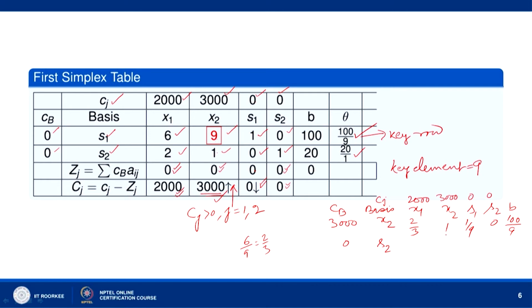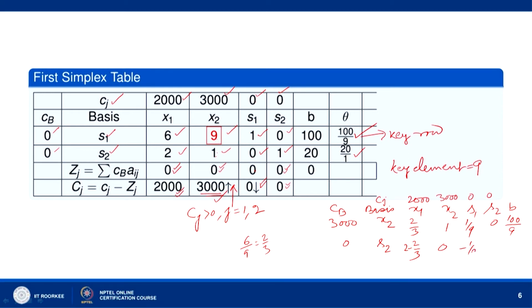Once we have made this key element 1, we subtract suitable multiples of it from the other rows to make the other elements in the key column zeros. So, this is 1, and this is also 1. So, we subtract this row from the second row. So, we get 2 minus 2 by 3, and 1 minus 1 is 0, and then here 0 minus 1 by 9.